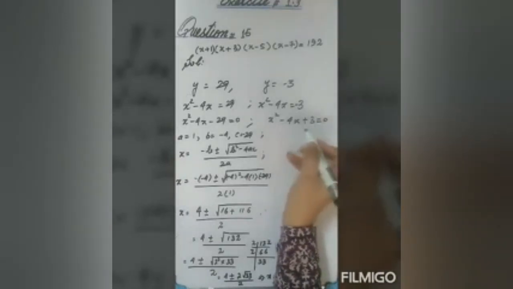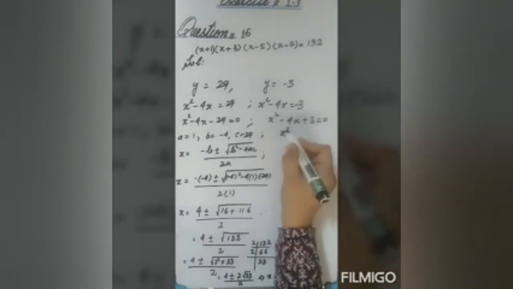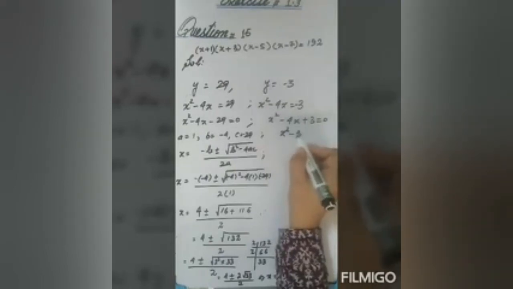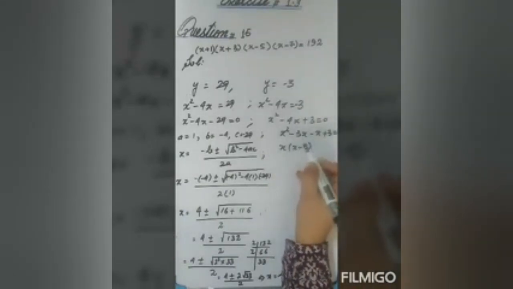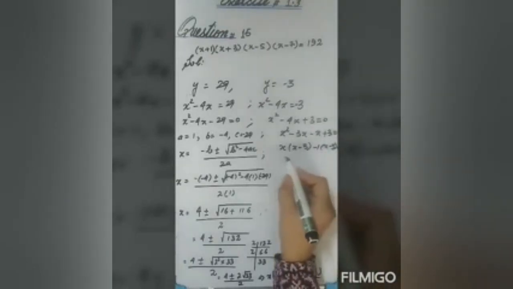Now come to the next equation, x square minus 4x plus 3 equals 0. Here midterm breaking is possible. So what type of midterm breaking will there be? x square minus 3x minus x plus 3 equals 0. Now take x common: x into (x minus 3) minus 1 into (x minus 3) equals 0. x minus 3 is again common, so (x minus 3)(x minus 1) equals 0. So x minus 3 equals 0 or x minus 1 equals 0.